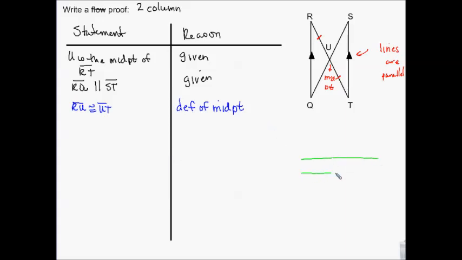If you remember, with parallel lines with transversals, this angle is the same as that angle, this angle is the same as this angle, and those are alternate interior. So that tells me that this angle here, I'm going to call it angle 1, is congruent to this angle here too, because they're alternate interior angles.